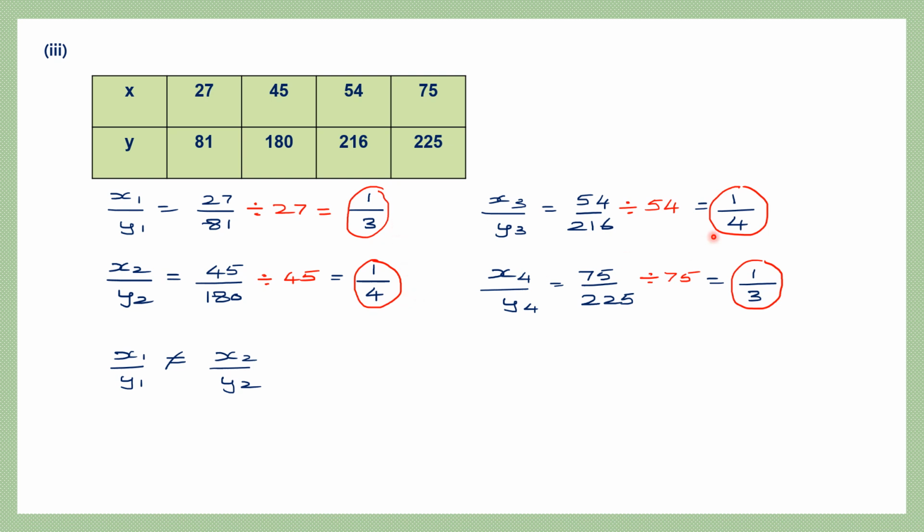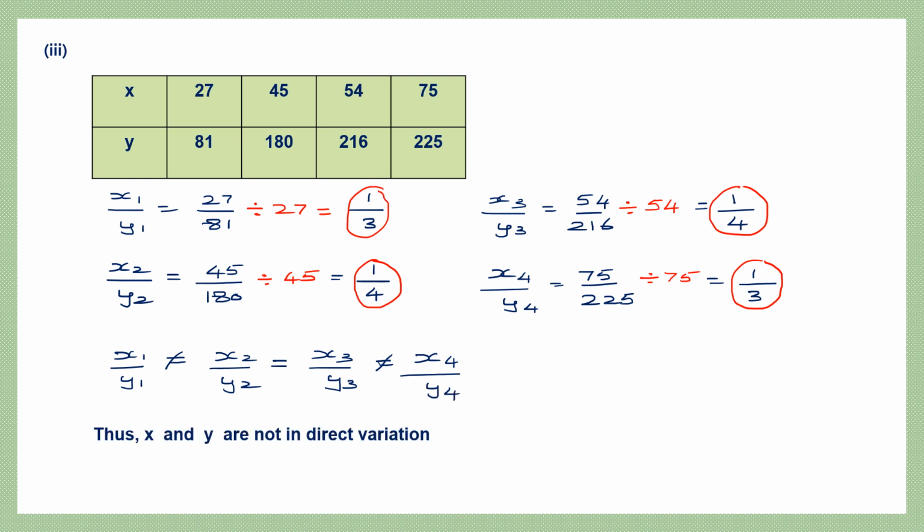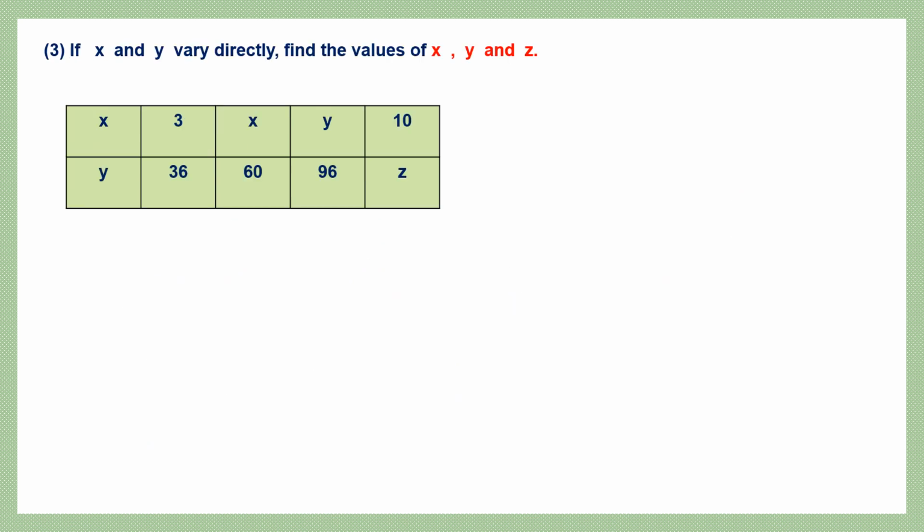But that is equal to x3 by y3 because it's the same. So that is equal to x3 by y3, which is 1 by 4. But again, it's not equal to x4 by y4 because this is 1 by 3. So again, we say it is not equal to x4 by y4. So what do we say finally? We say that x and y are not in direct variation.